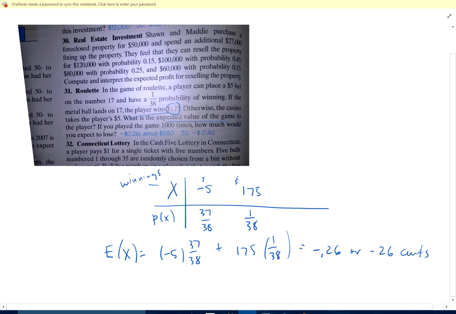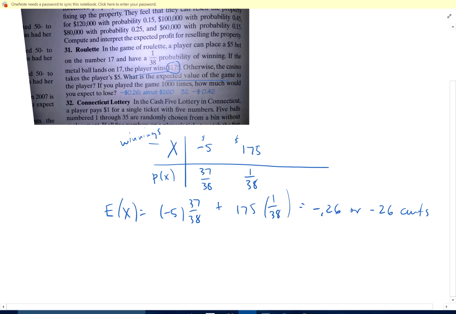So in the long run, a player will lose 26 cents per game on average.